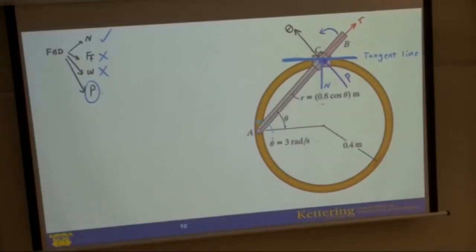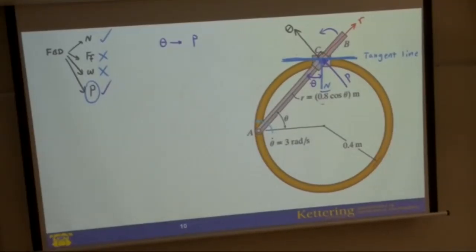Now, I draw this. The next step, you will see that along theta, we have the force P. But the normal force has components along R and theta. To find the components, we need to find this angle.